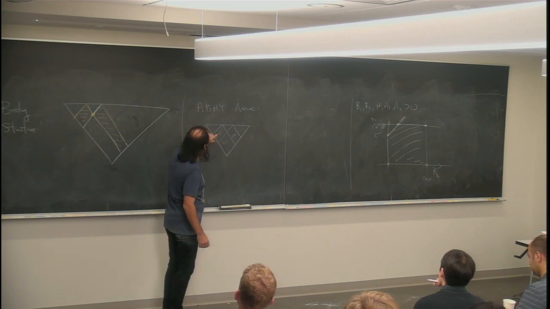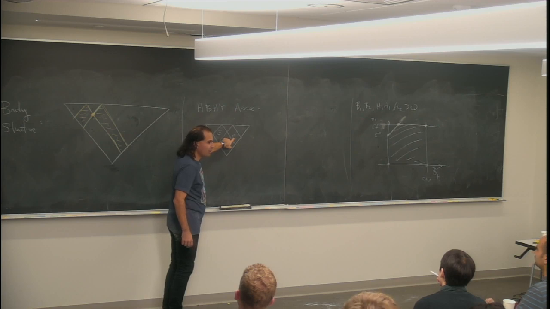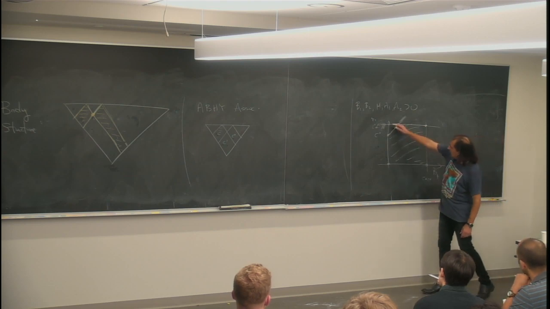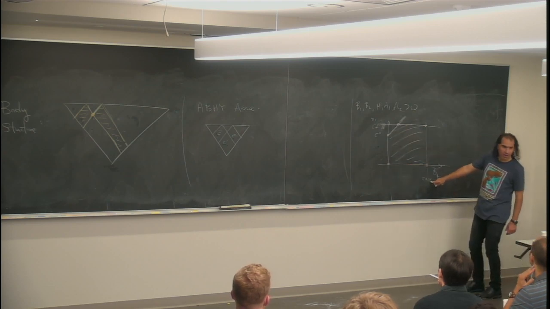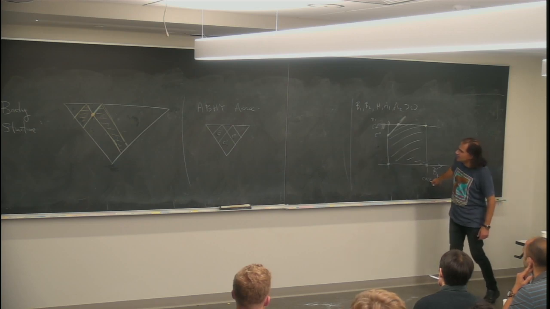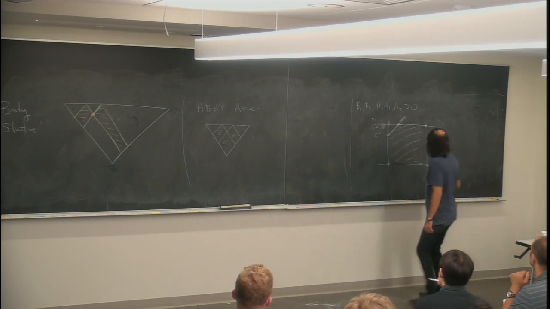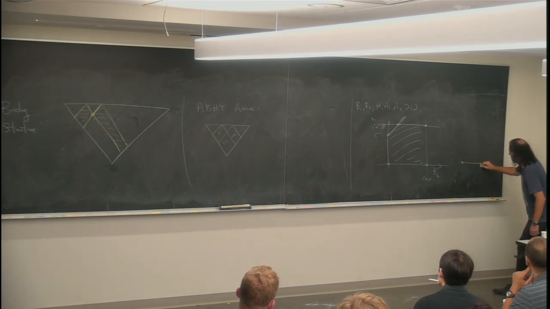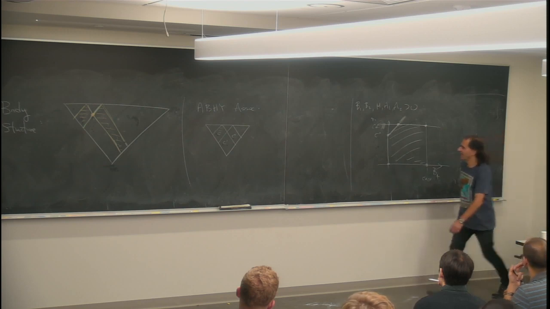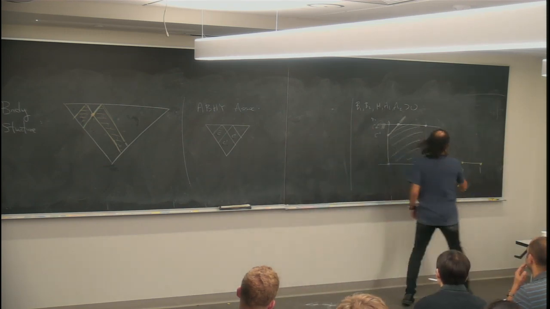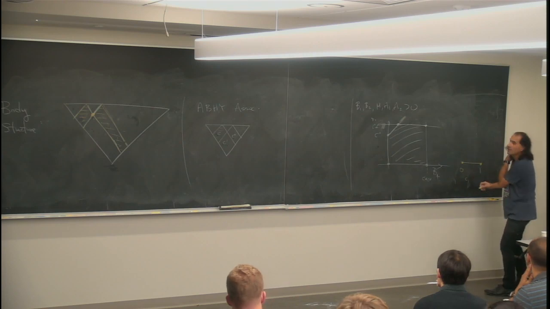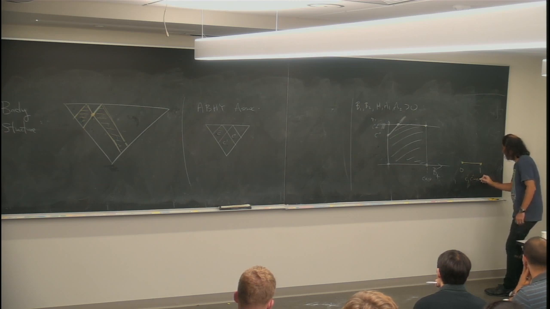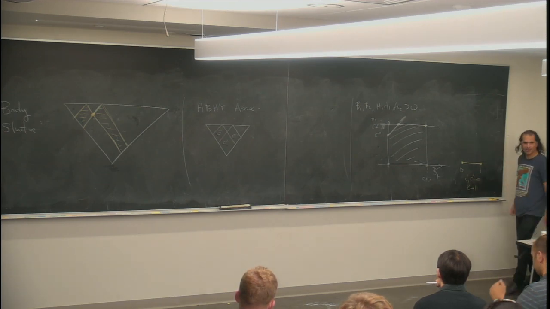So what happens if I set C prime and C double prime to 0? If I set C prime and C double prime to 0, this whole thing collapses to this line, so if I do that, I will get this interval. This is what I get if I send C prime and C double prime to 0, and let me just set C to 1, because there's nothing else that sets any units, right?